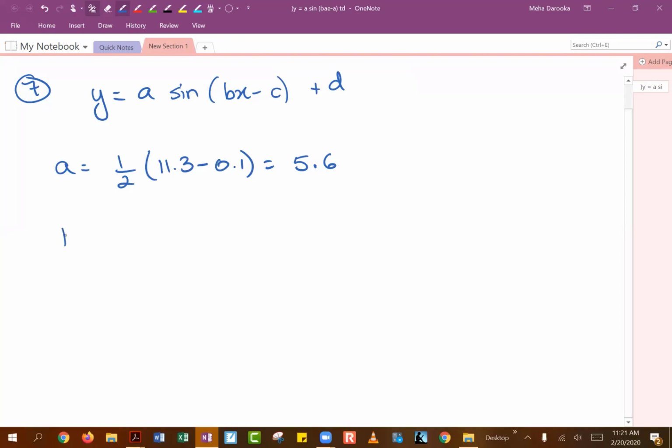Since we know that the period for this function is going to be 2 times, what were the times for those values? 10 and 4. Which of course came out to be 12. And then what do you do to find the B if the period is 12?